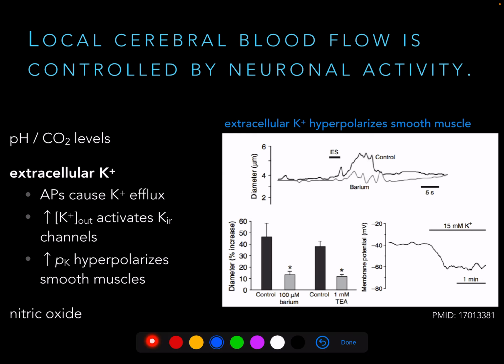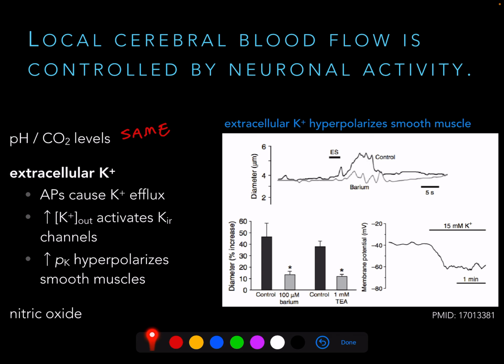So first of all, the good old pH carbon dioxide thing still works, right? If we have an area of the brain that's more active, it's making more carbon dioxide, and its local pH will drop, causing the smooth muscle and pericytes in the area to relax, increasing blood flow. So this aspect is the same. Nothing new here, just on a smaller scale.